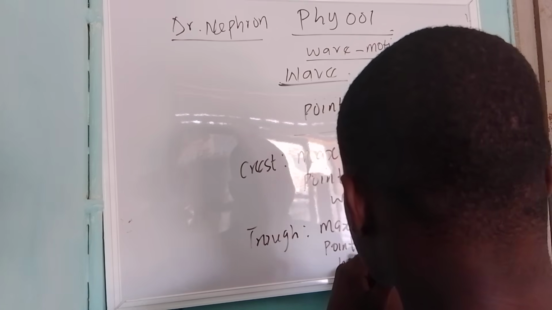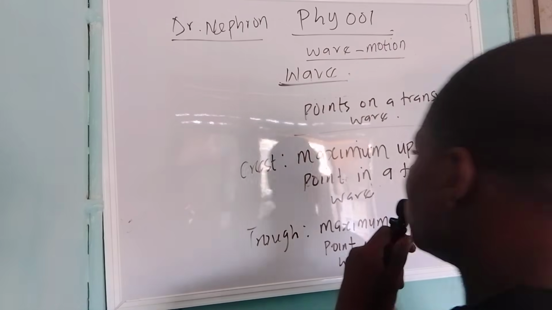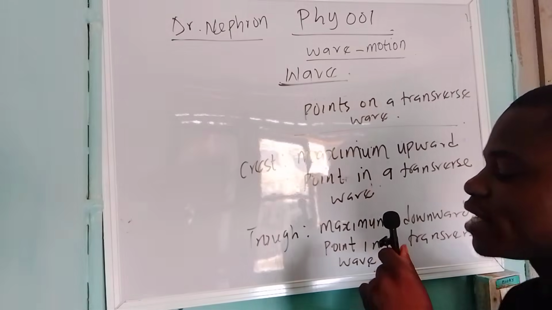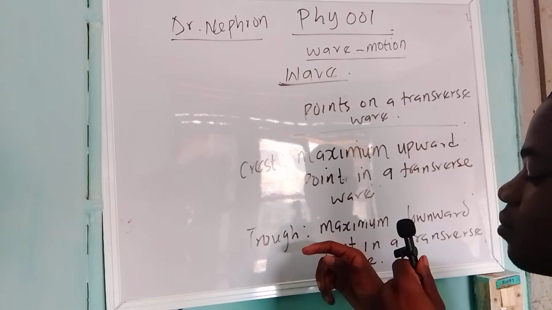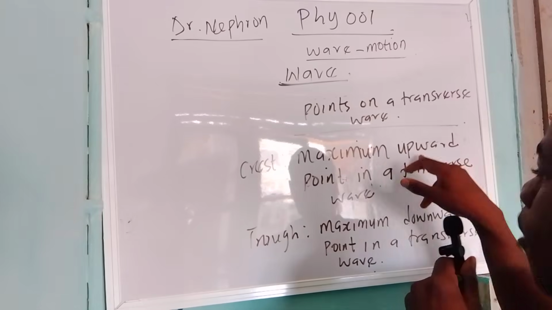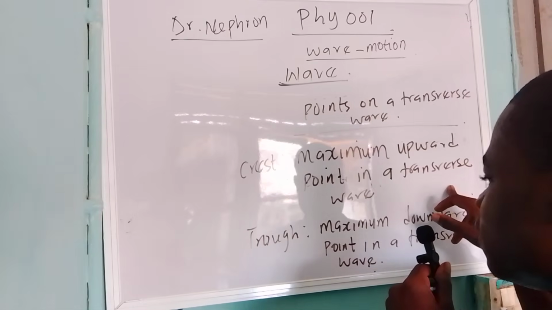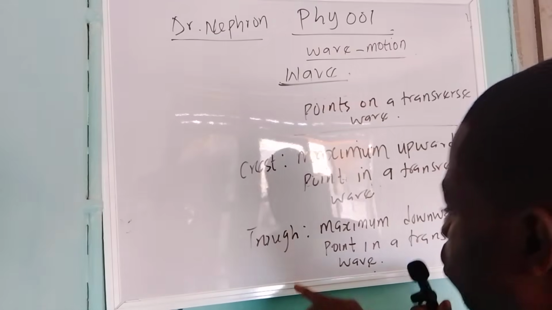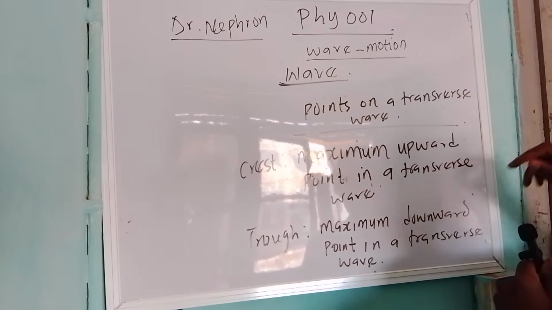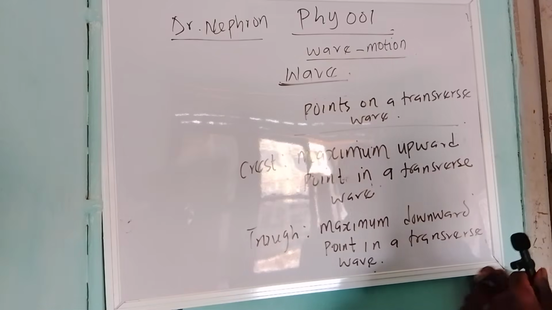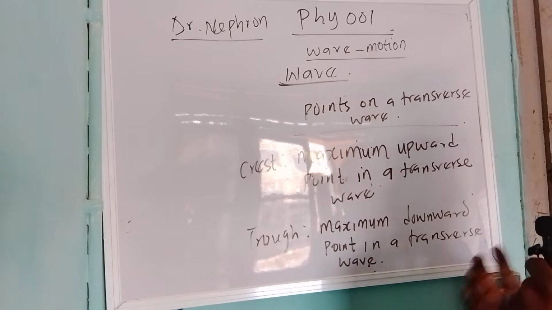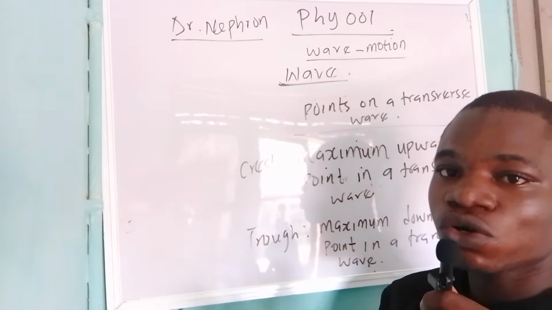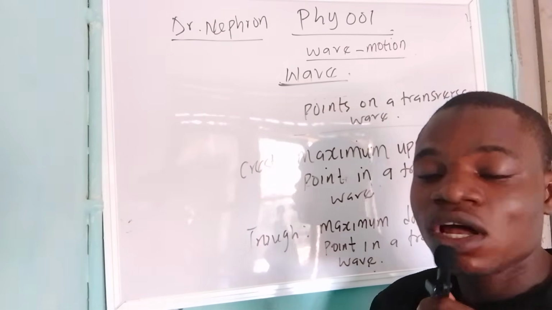So I said the maximum upward point in a transverse wave is called the crest, while the trough is the maximum downward point in a transverse wave. So crest and trough are located in the transverse wave, while compression and rarefaction are for the longitudinal wave.